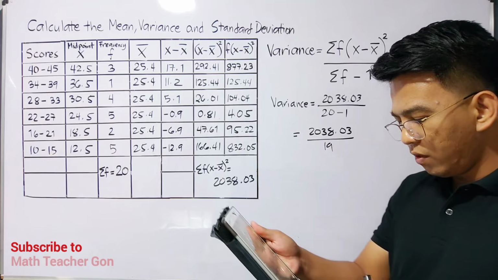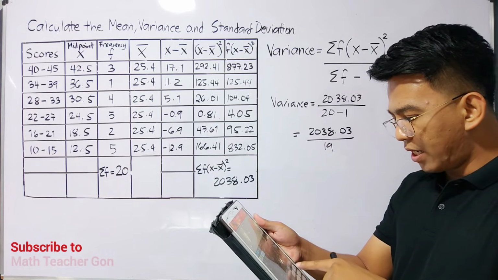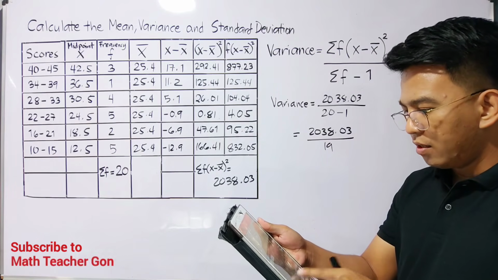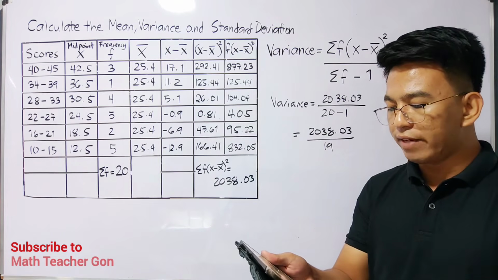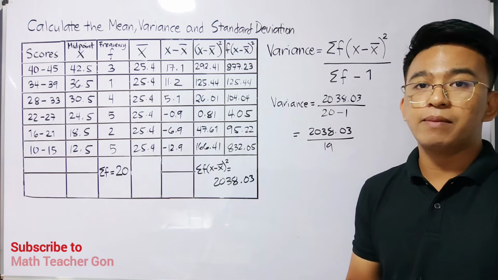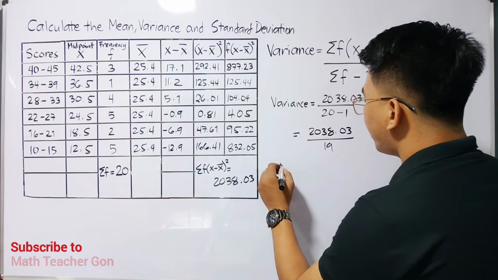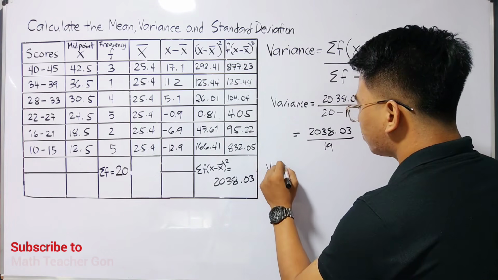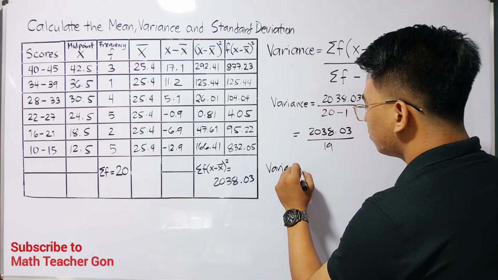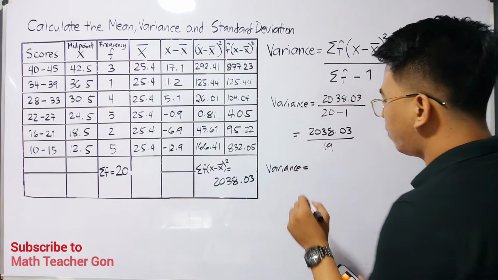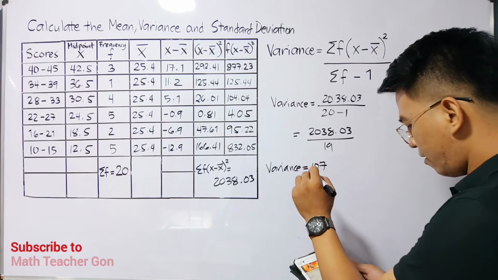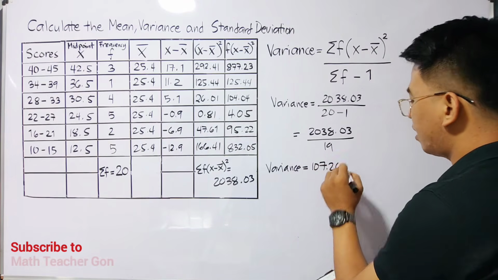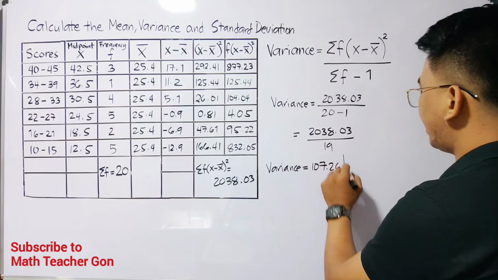So, what we need to do is to divide the answer by 19. And the answer is 107.264736. So, kunin lang natin yung two decimal places natin. So, yung ating variance right now is equal to 107.26. Ito yung sagot natin.